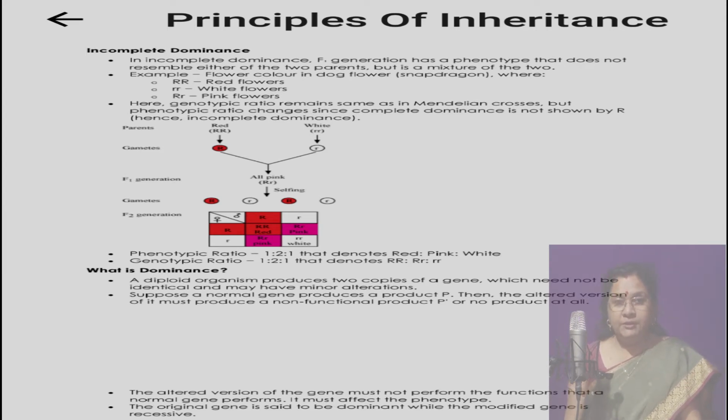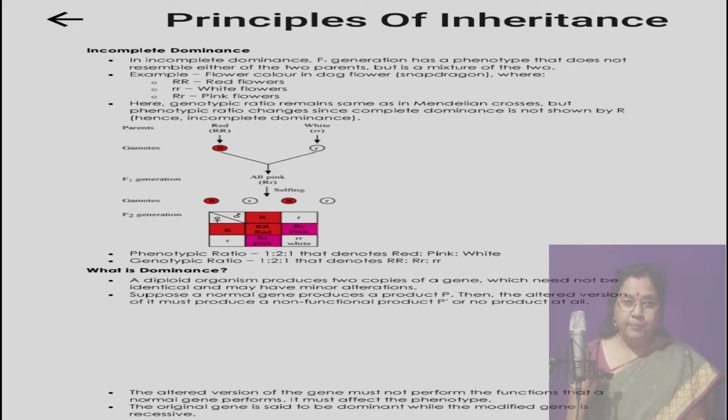Now, let us discuss the codominance factor. In the codominance factor, the multiple alleles which express themselves even when present together are called codominant alleles. And the phenomenon is called codominance.